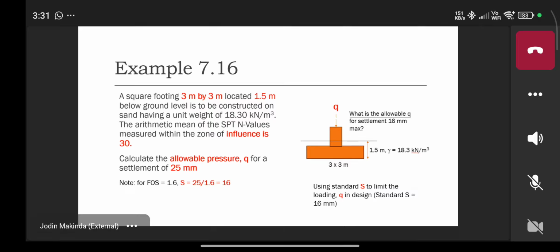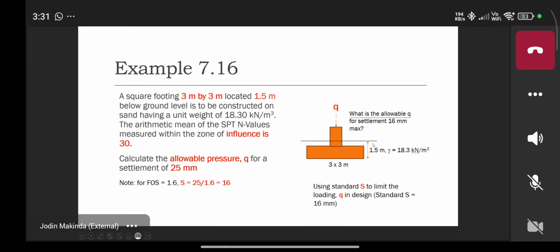Last example. Now in this example, you have a foundation with depth 1.5 meter.